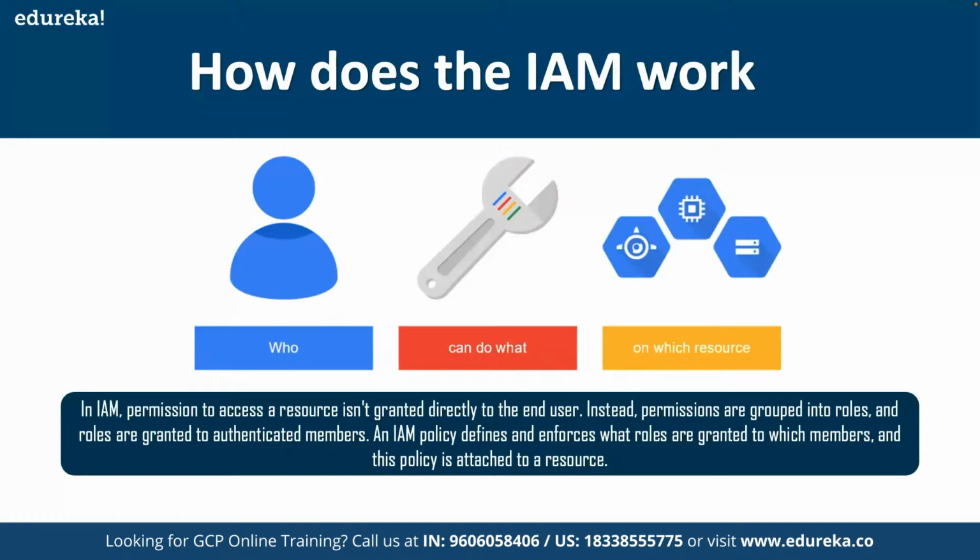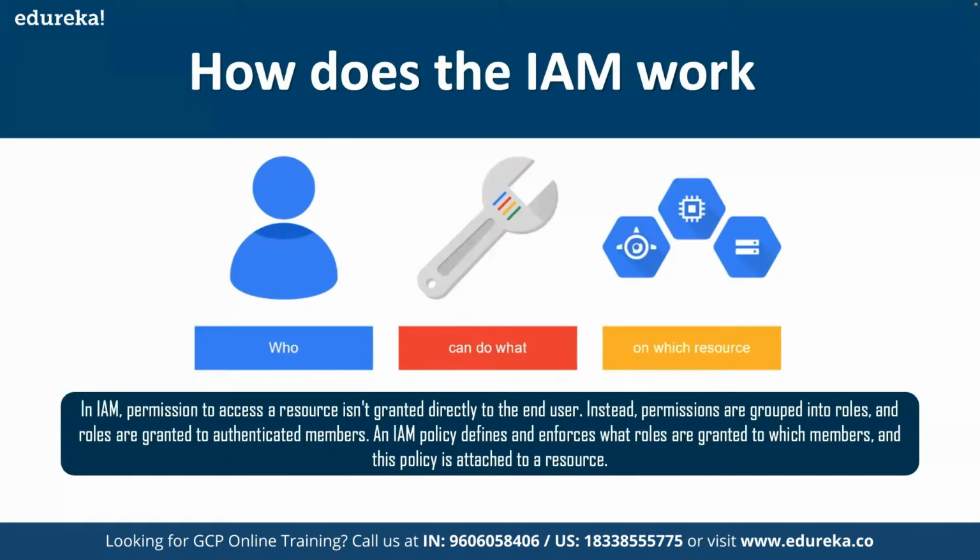For example, compute engine virtual machine instances, or Google Kubernetes engine clusters, or cloud storage buckets. So these are all the various Google Cloud resources. The organizations, folders, and the projects that you use to organize your resources are also resources as well.